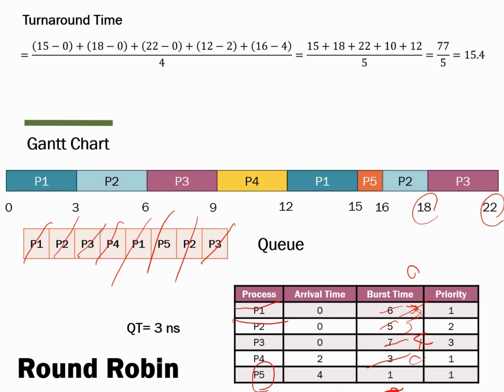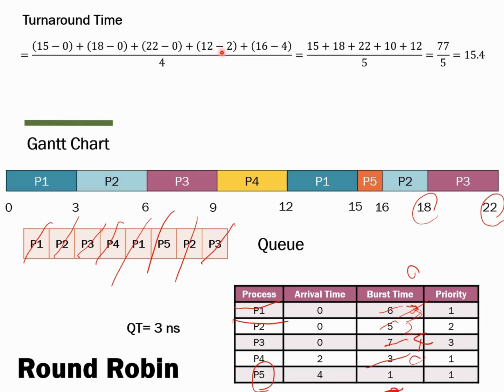For P1, we got 15 minus 0 because P1 completed at 15, arrival time 0. P2 completed at 18, so 18 minus 0, arrival time also the same. P3 completed at 22, 22 minus 0, arrival time is 0. P4 completion time is 12, minus the arrival time 2.